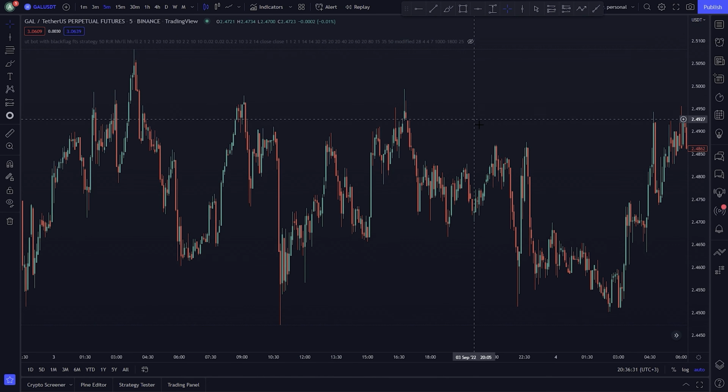This strategy includes 2 free TradingView indicators. Now let's go ahead and add them to our chart.